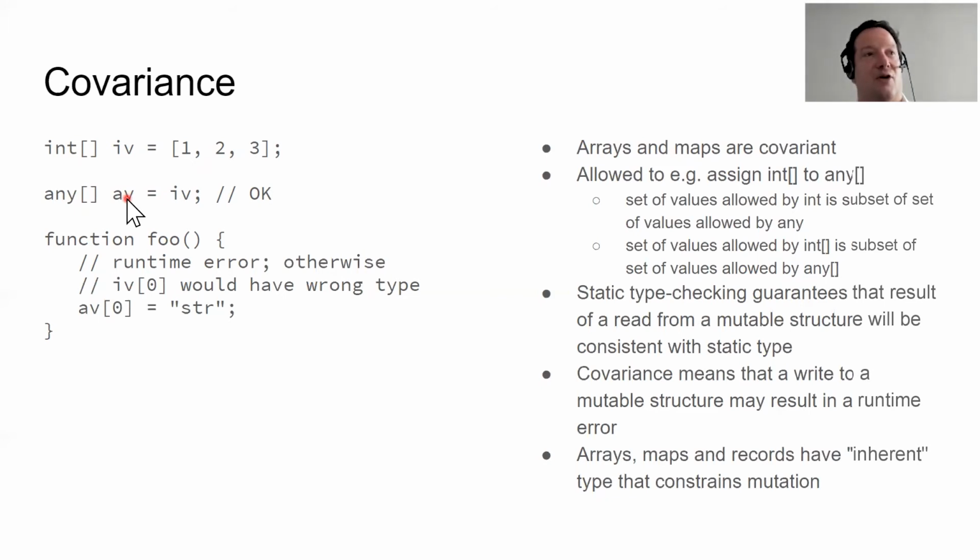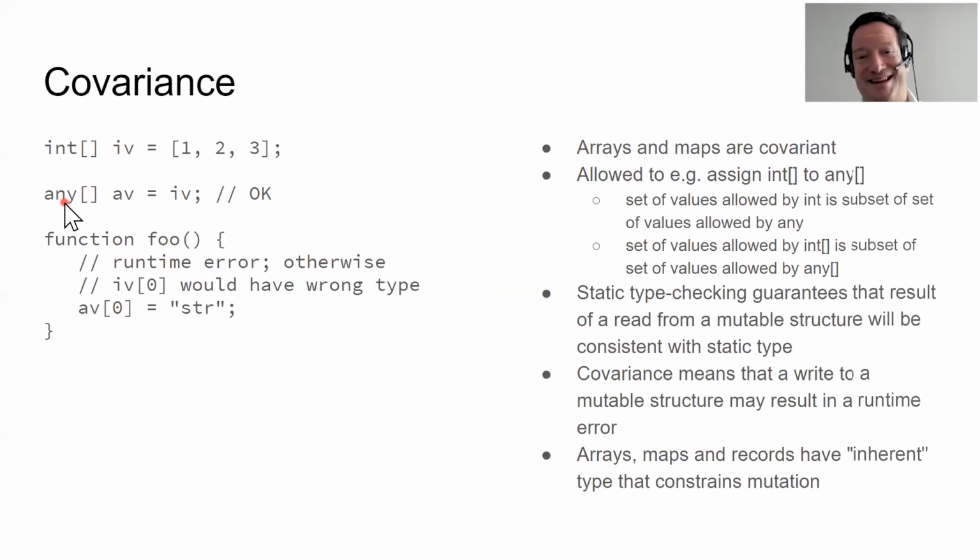So what does the type int mean? It means arrays where the members are ints. And this is arrays where the members are any. An int is an any, so the values allowed by this are a subset of the values allowed by that, so it's a subtype. So this should be okay.